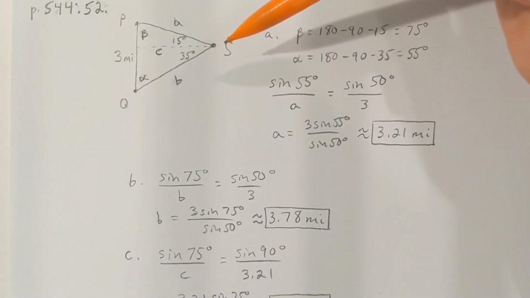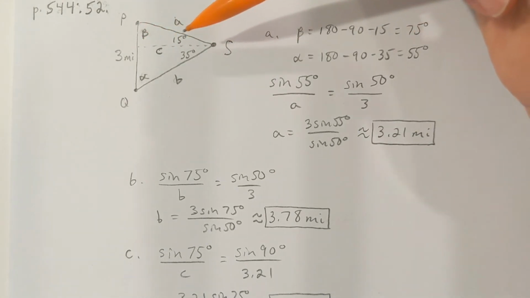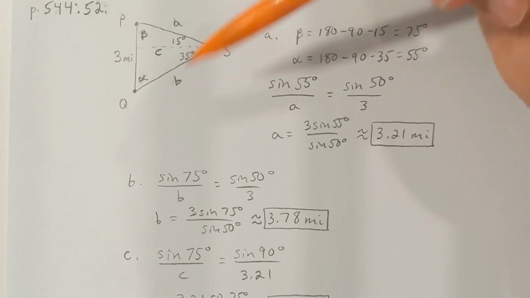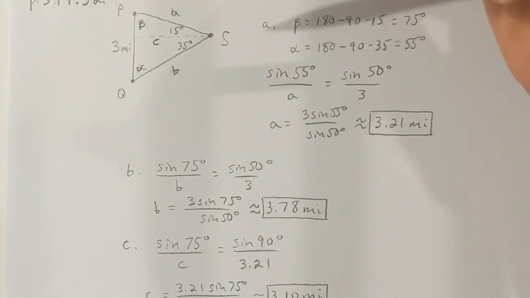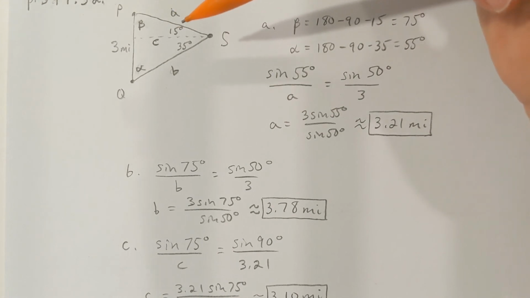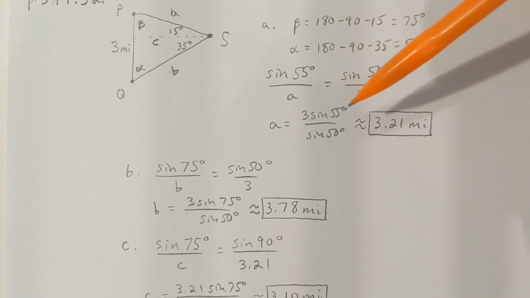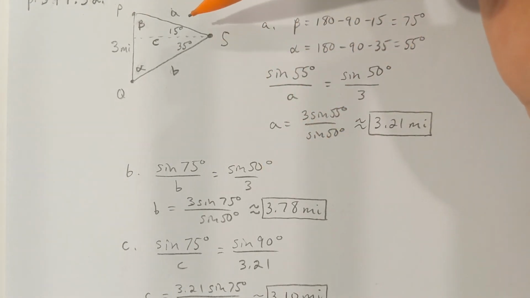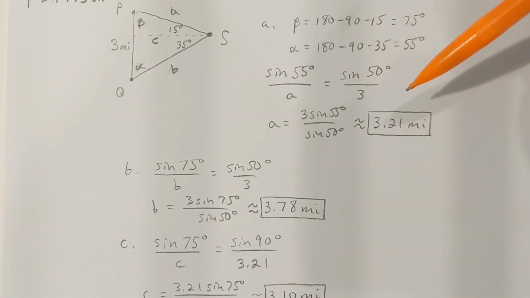So let me refer to this top right triangle. Actually, in the calculation, I'm using the bottom right triangle there, and A is 3.21 miles.